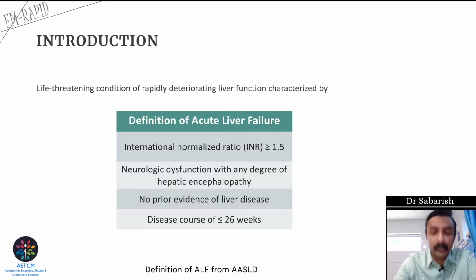As you all know, there are 4 degrees of hepatic encephalopathy. And third, there should not be any prior evidence of liver disease. And the disease course should be less than 26 weeks. So these are the 4 parameters which are required to say that a patient is having acute liver failure.